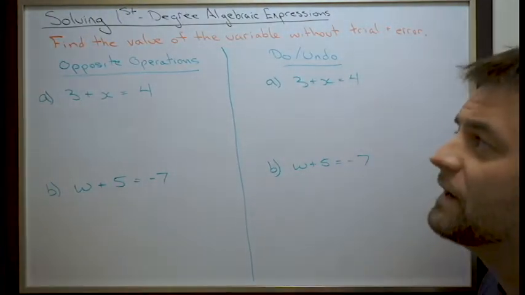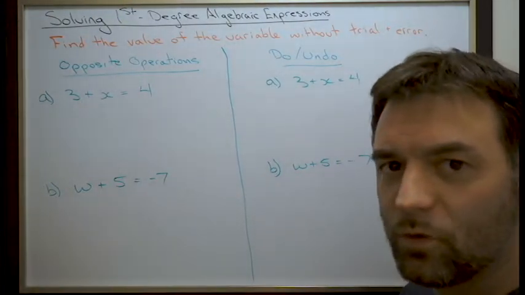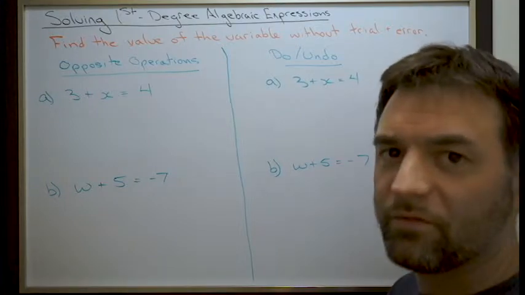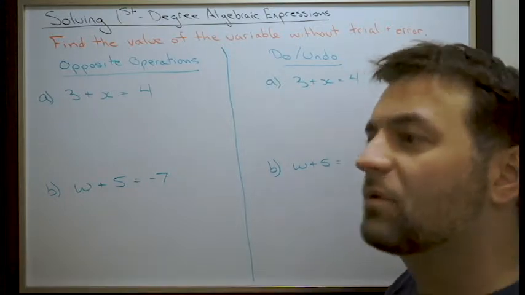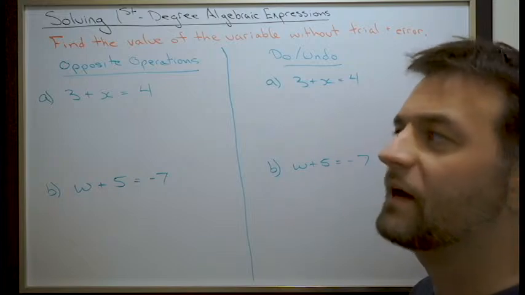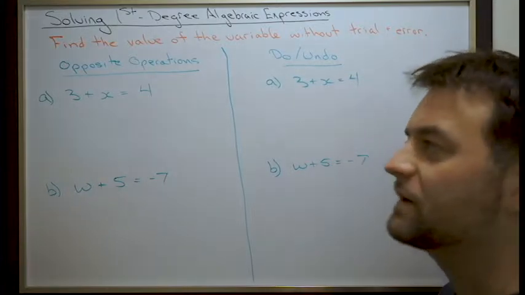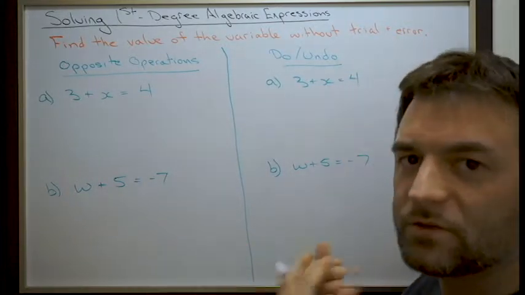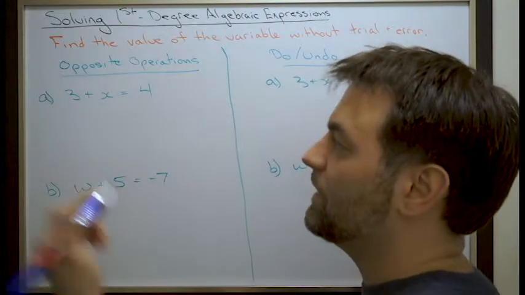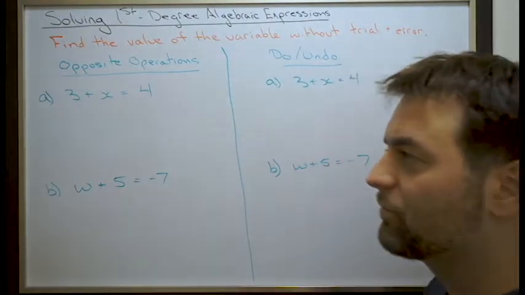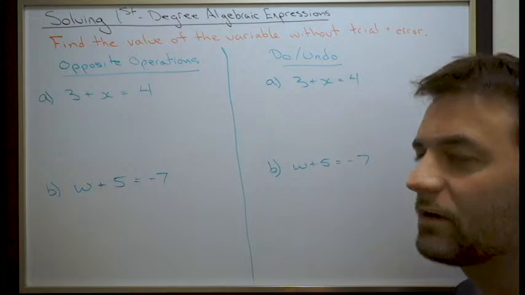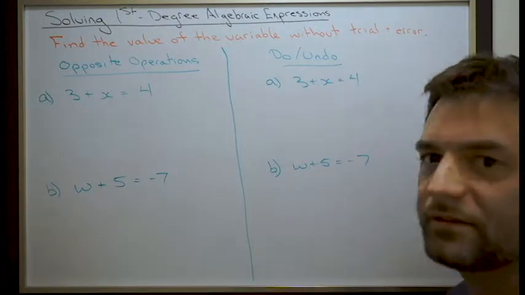So let's do that. With opposite operations, what we do is look at what type of math we're doing and then perform the opposite of that on the other side of the equal sign. So the equal sign is like this barrier that switches signs. So in our first example here, we have 3 plus x equals 4. Now some of you are probably screaming right away, yeah, it's 1, it's easy.